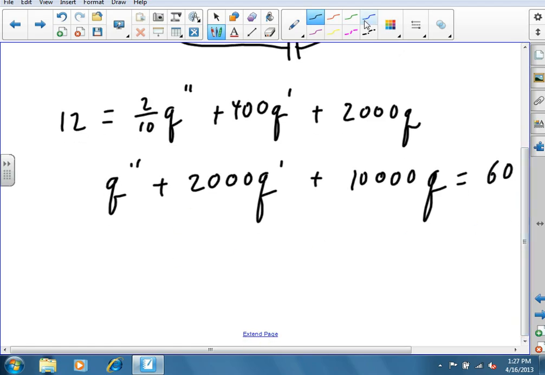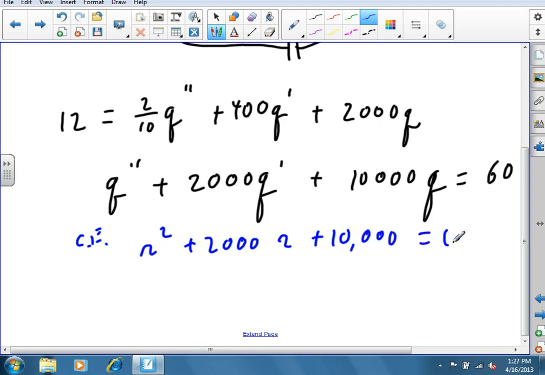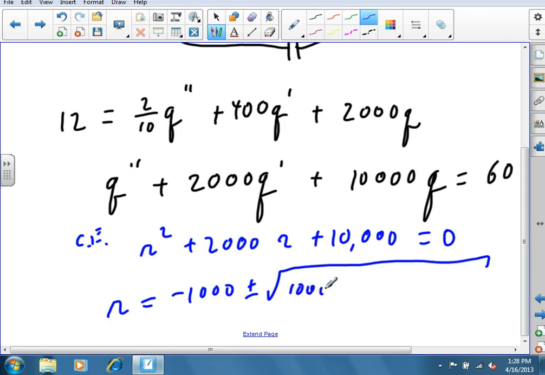Okay, I've got a characteristic equation, and the characteristic equation is r squared plus 2,000 r plus 10,000 is equal to 0. Using the quadratic formula, r is equal to minus 1,000 plus or minus the square root of 1,000 squared minus 10,000.